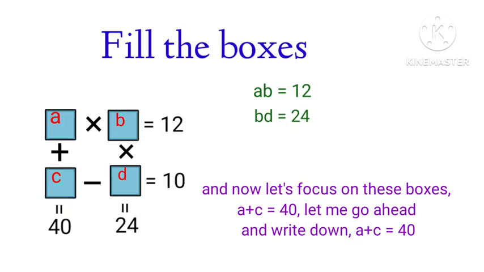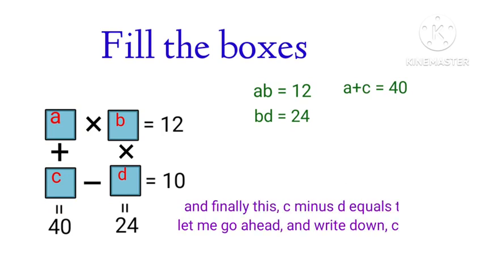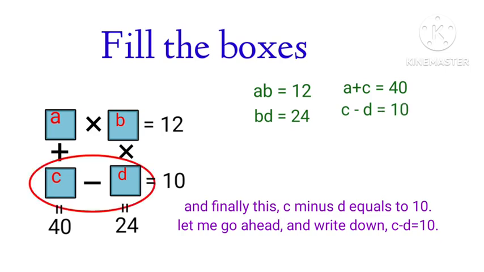Now let's focus on these boxes: A plus C equals 40. Let me write down, A plus C equals 40. And finally this, C minus D equals 10. Let me write down, C minus D equals 10.